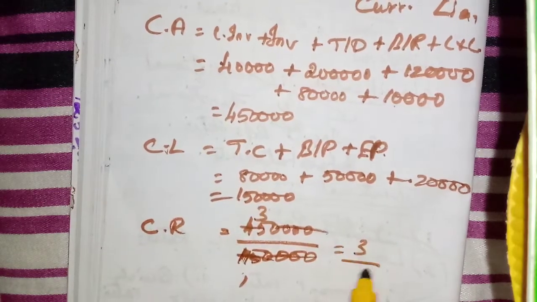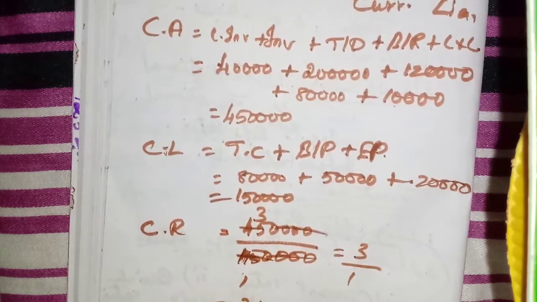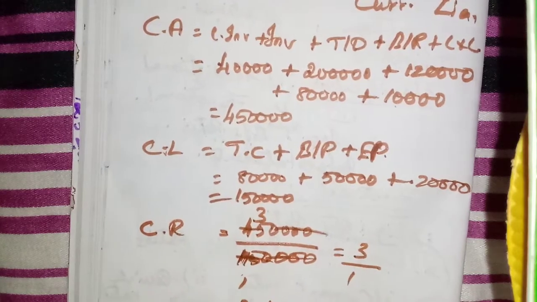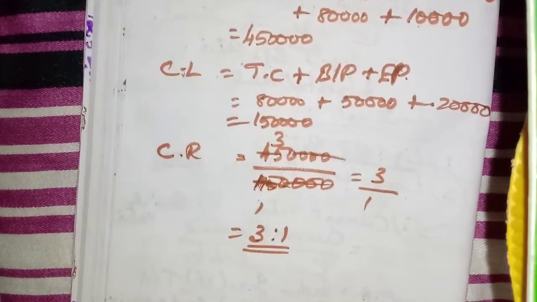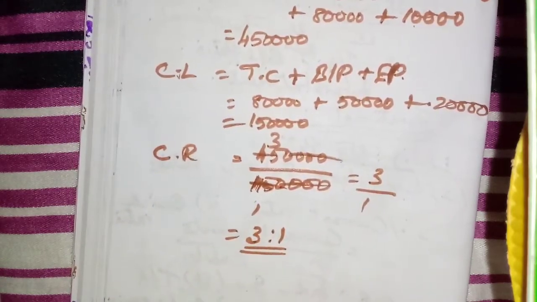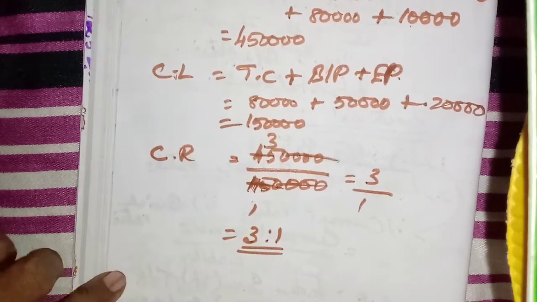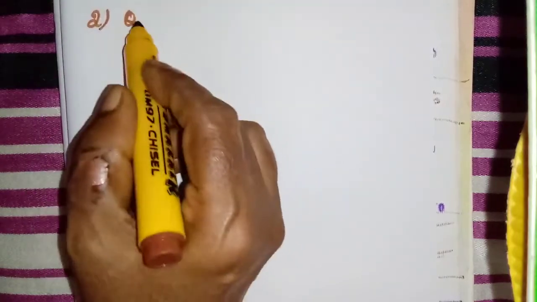So 3 by 1. We have to write 3:1. In ratio only we should write, not in fraction. Have you understood this one? Next, we will learn the quick ratio. Under liquidity ratios, the second one is quick ratio.